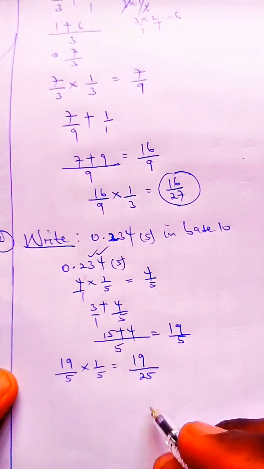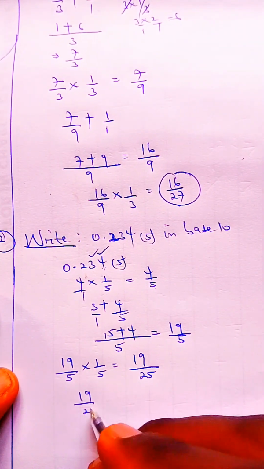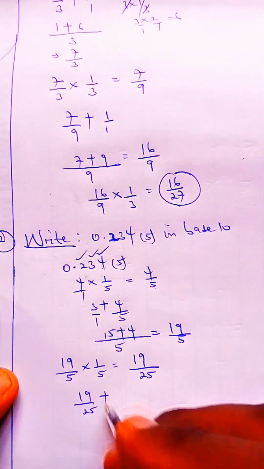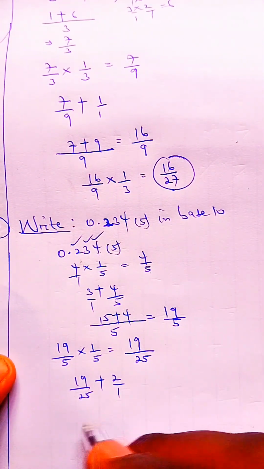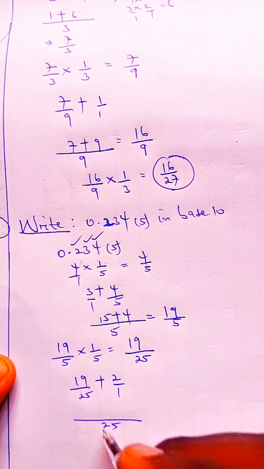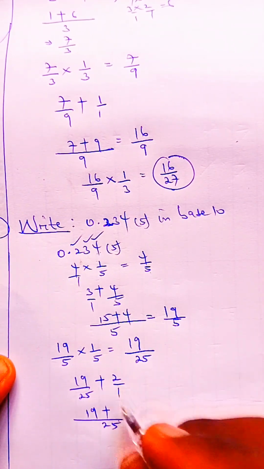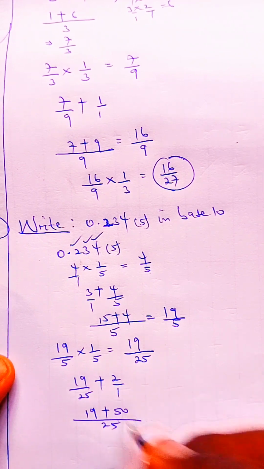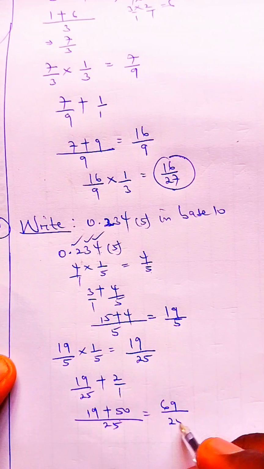We've used 3 already. So after times, the next thing we do is to add up: 19 over 25 plus 2. LCM of 25 and 1 is 25. 25 times 19 over 25, we have 19 left. 25 times 2 over 1 is 50. 19 plus 50 is 69 over 25.